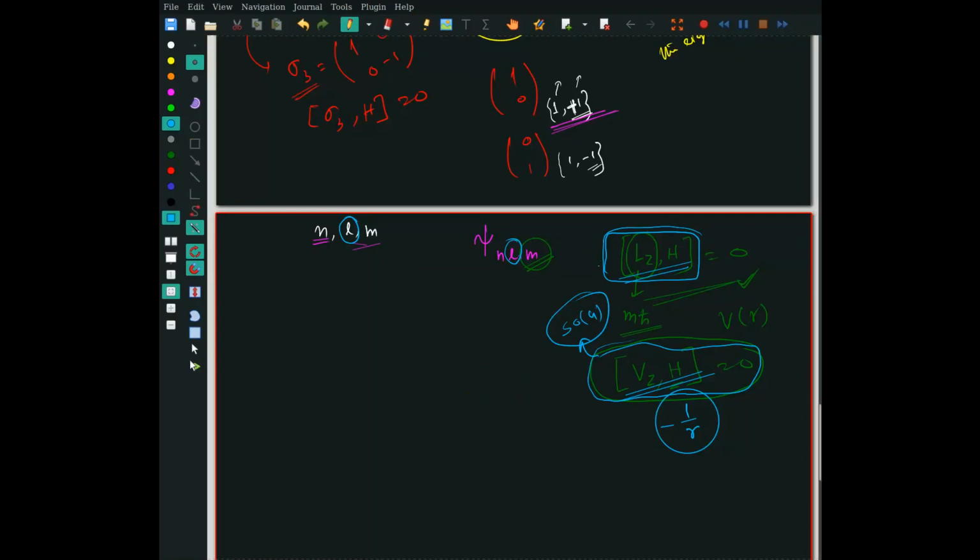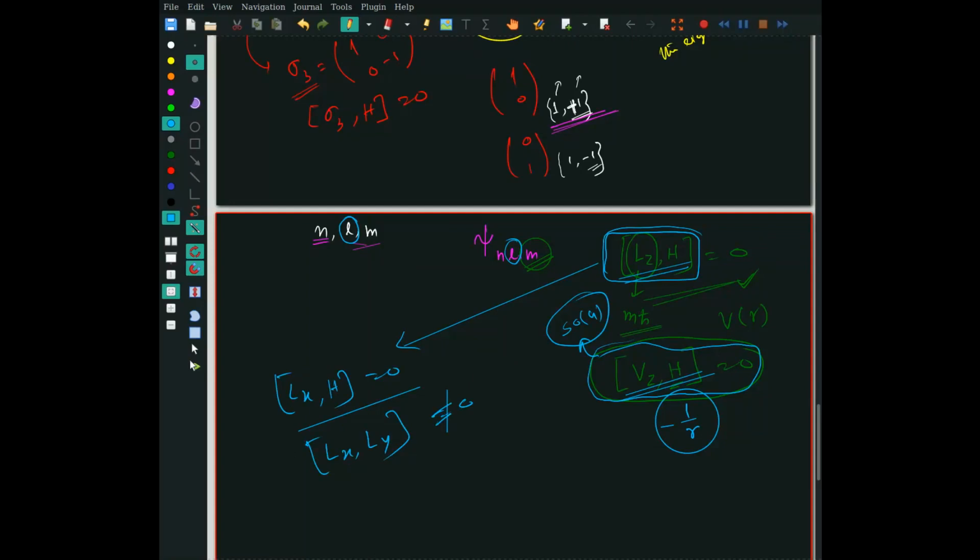Lz, H equals 0 is not the only thing. It's basically Lx, H is also equal to 0, right? Like three of these things are all equal to 0. But they do not commute mutually. So Lx, Ly is not equal to 0, or Lz, Lx is not equal to 0.